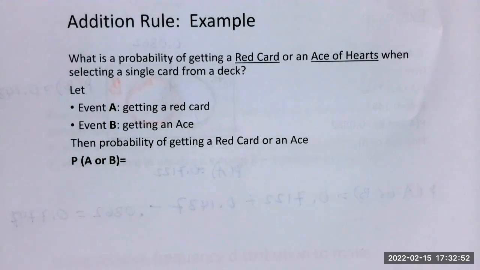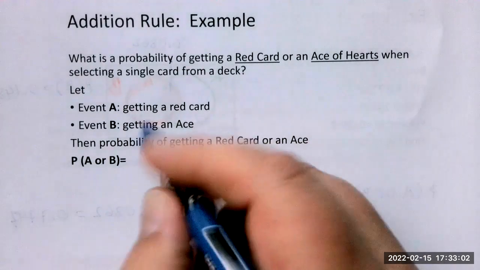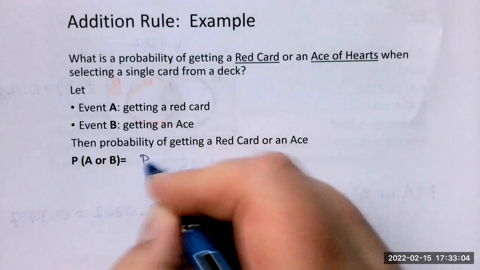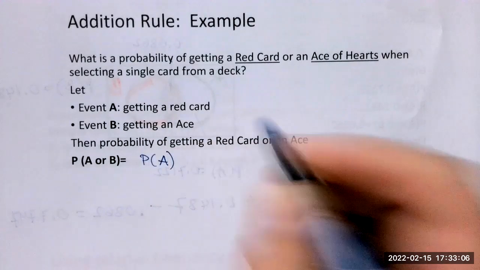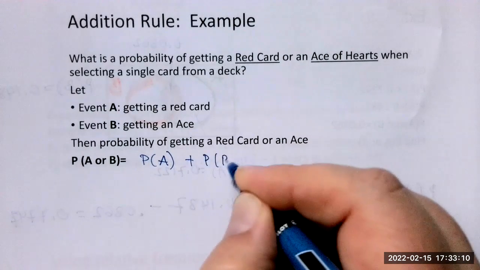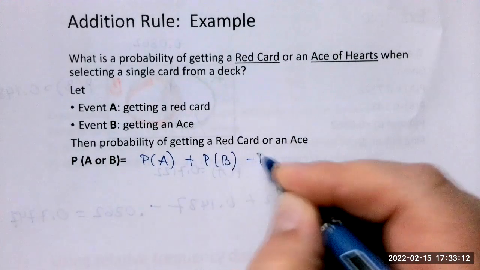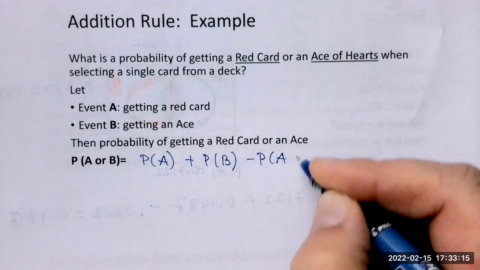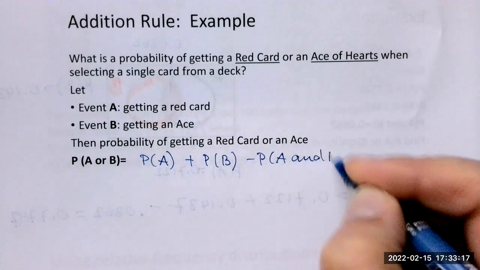Then the probability of getting a red card or an ace is probability of A plus probability of B minus probability of A and B.